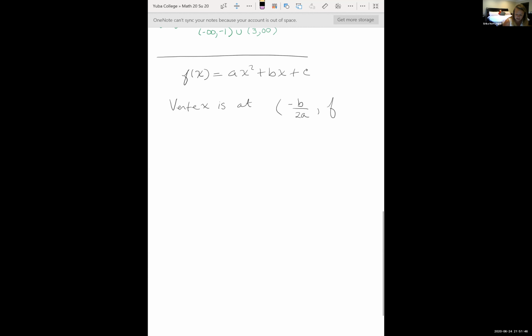And then once you find that x value, if you plug that back in wherever you see an x in f of x, that's going to give you the y value of your point. So f of negative b over 2a. So I'm just going to get a new page.